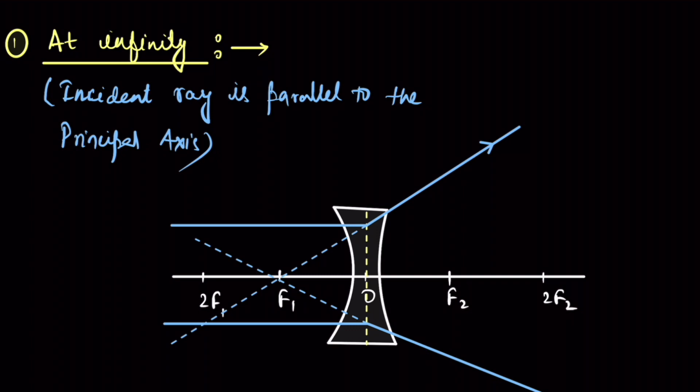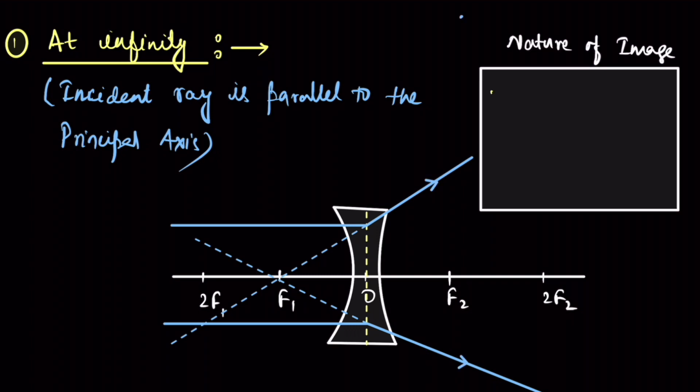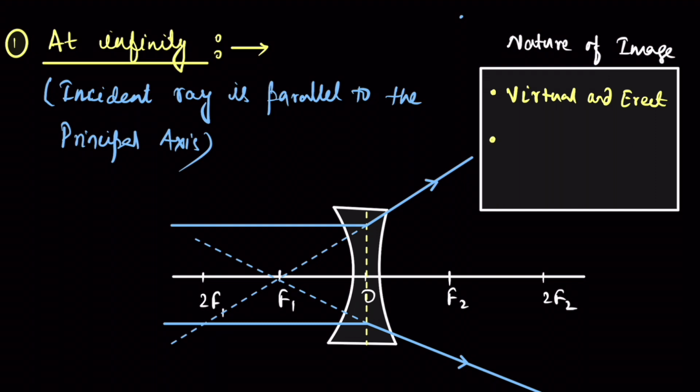So here is the nature of image. First is virtual and erect. Second is highly diminished. And the third is image is formed at F1.